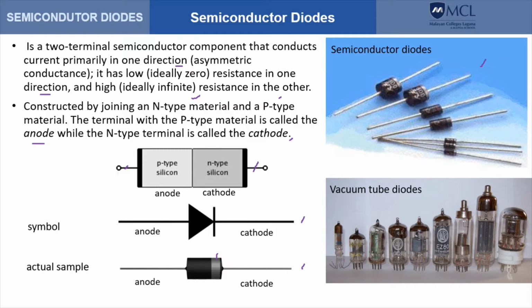That makes the other terminal the anode. We also have the picture of a vacuum tube diode just for comparison purposes. Prior to the invention of diodes, we used vacuum tube diodes. These are very large devices compared to semiconductor diodes, and they consume a lot of power.